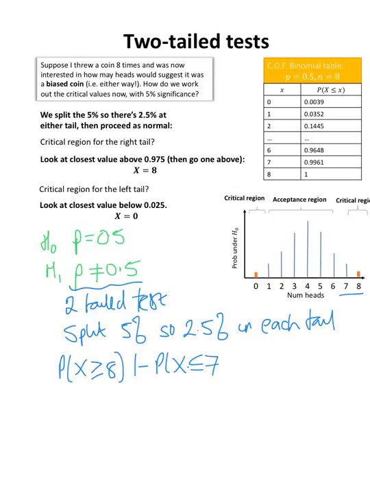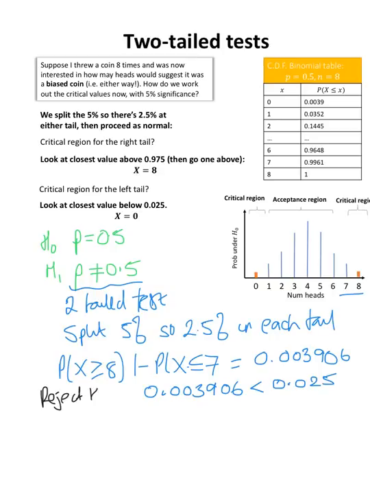And this gives me a probability of 0.0039006, and 0.0039006 is less than 0.025. Because it's less than this, at this level we would reject the null hypothesis.